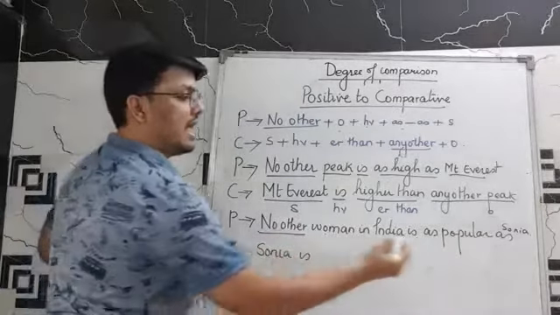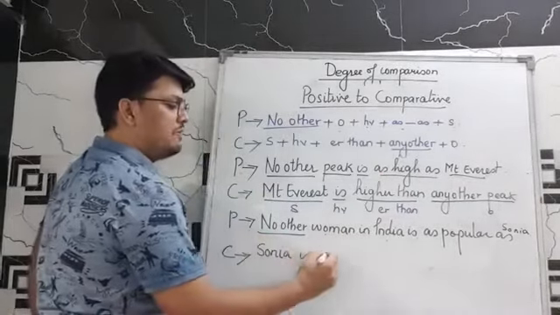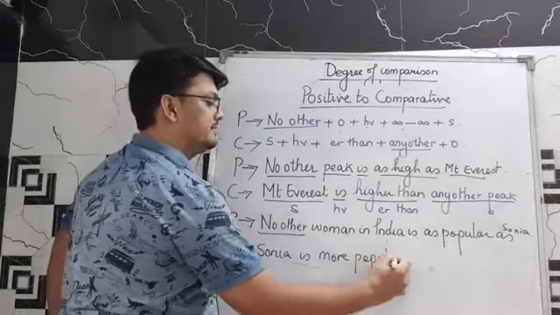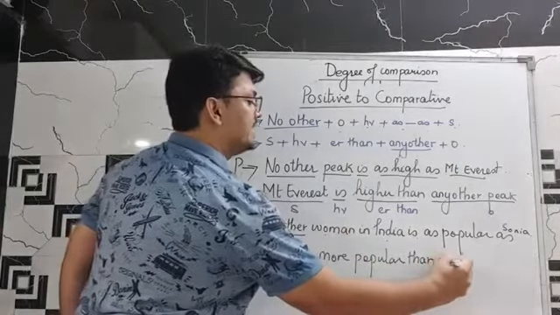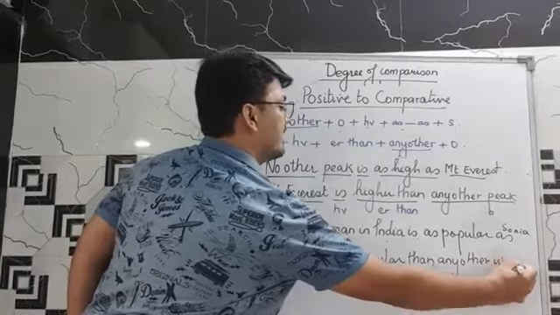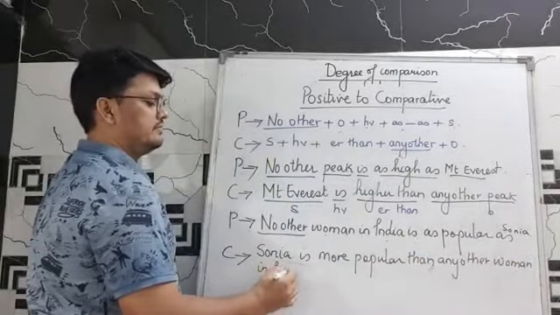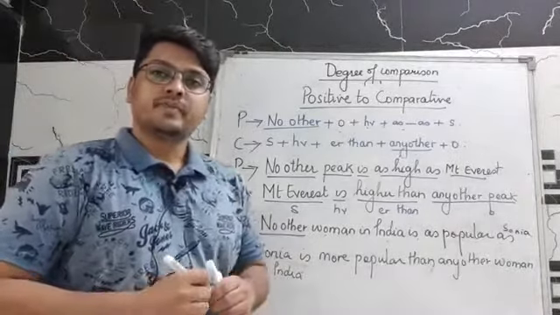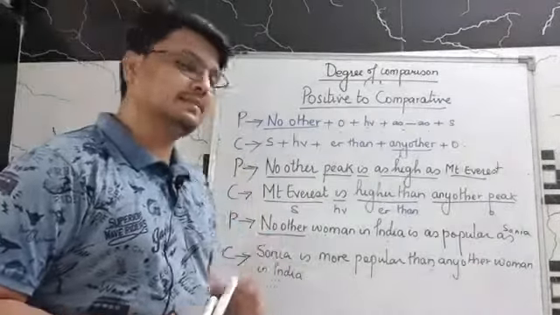Sonia is as popular as will become more popular than no other will become any other woman in India. What if students I keep my this no other in past tense?